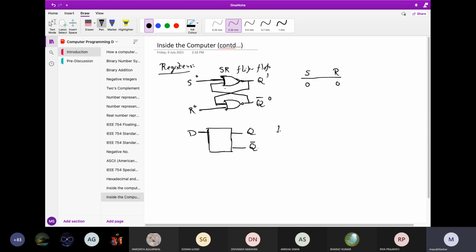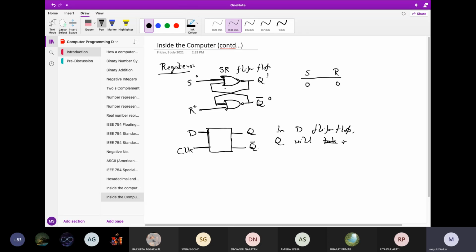Now in a D flip-flop, you can keep another input here, generally the clock signal, but I'm not going into the details.